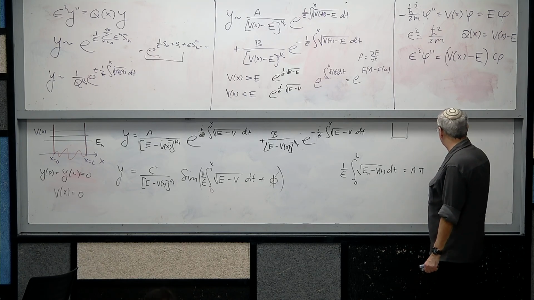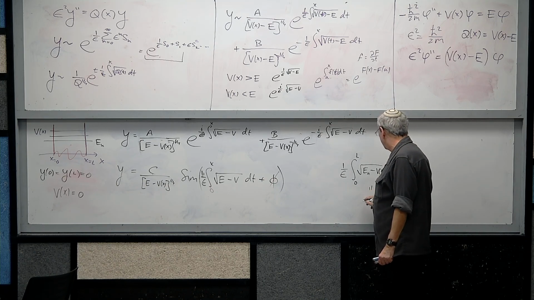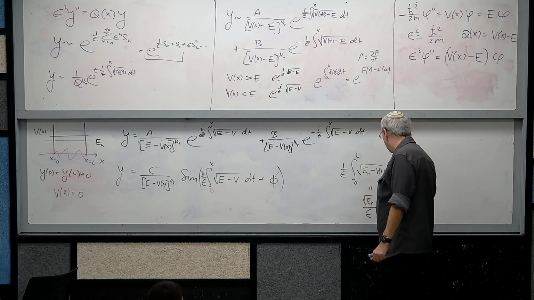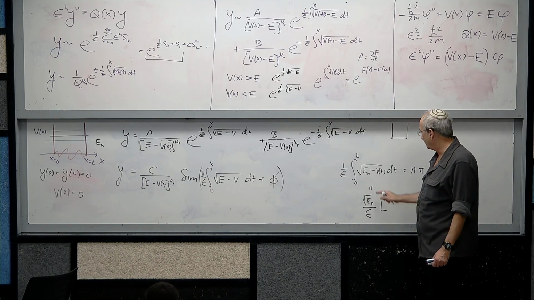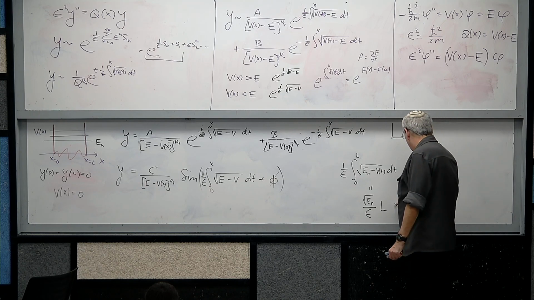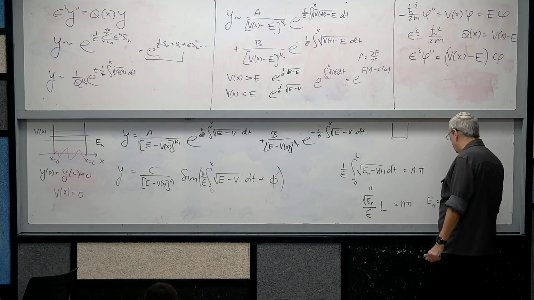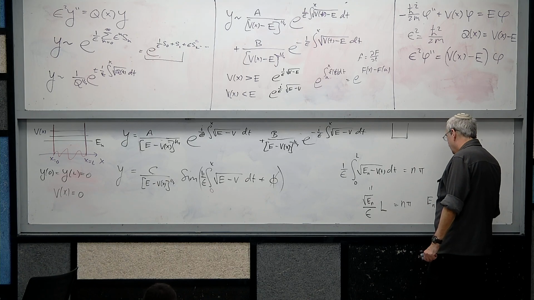So if V of t is 0, what I have here is the square root of En over epsilon times L, right? Because there is nothing in the integral but a constant. This must be equal to n pi, and this implies that En will be equal to epsilon squared n squared pi squared divided by L squared.